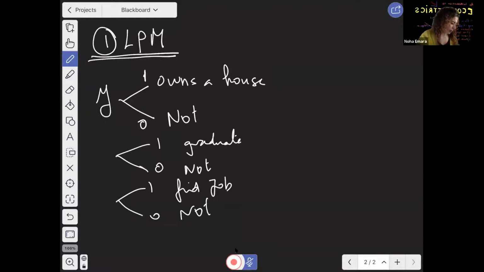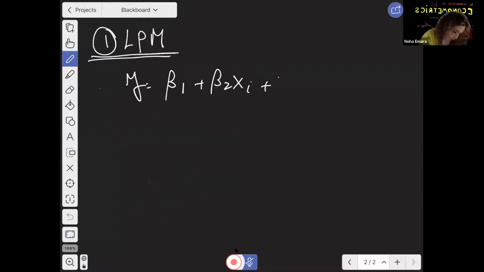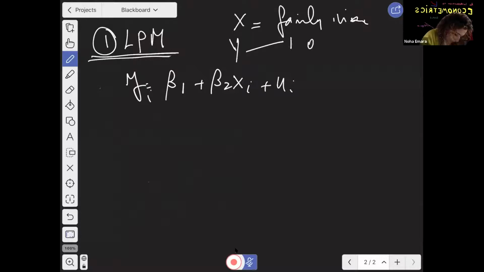So if I have, for example, y equal beta 1 plus beta 2 xi plus ui, and suppose that x equals family income, and y is going to take 1 if this family owns a house, and 0 if not.